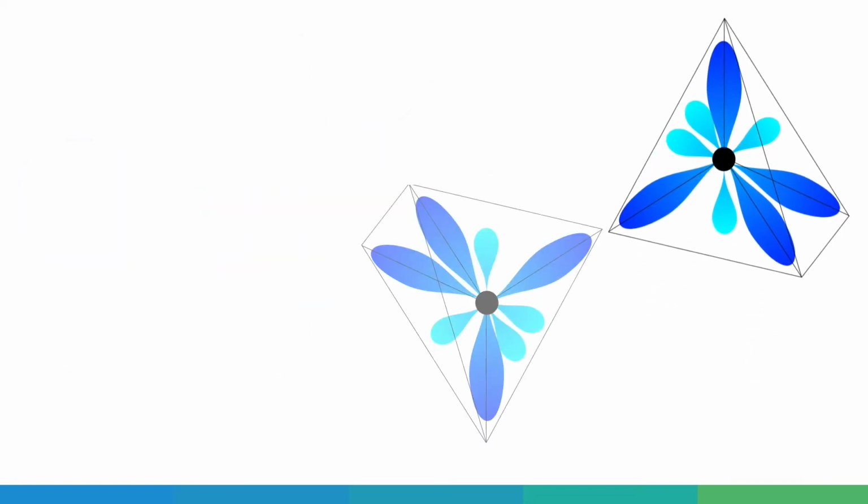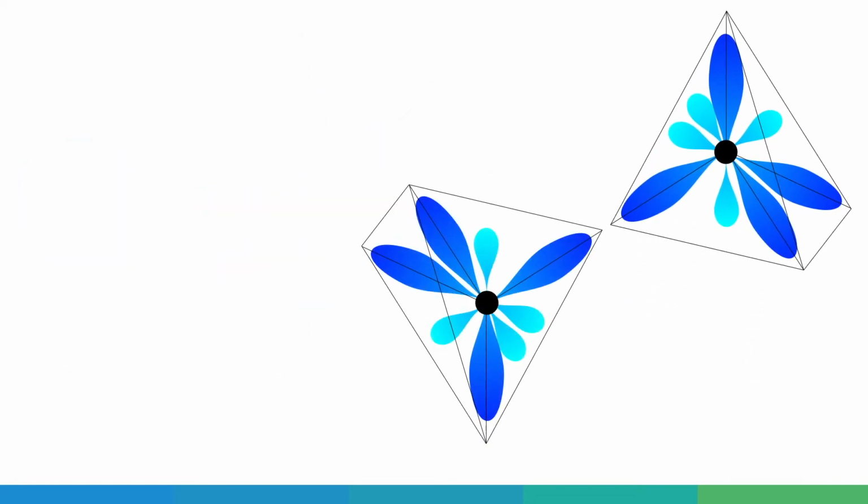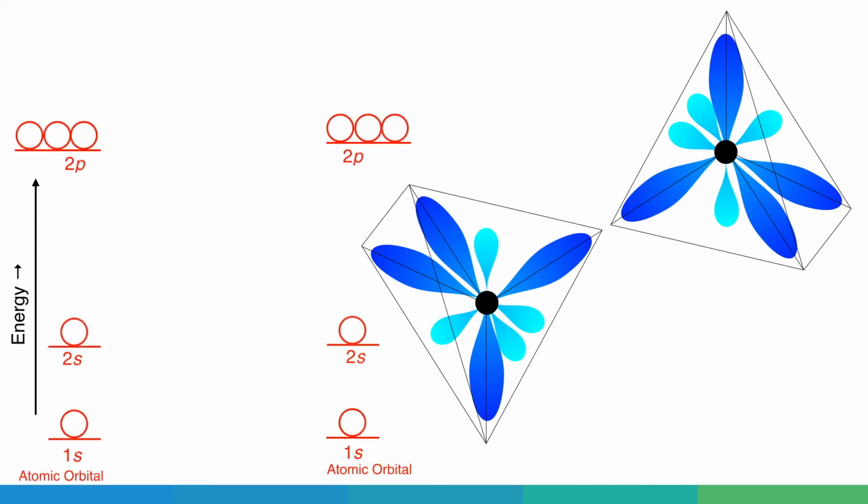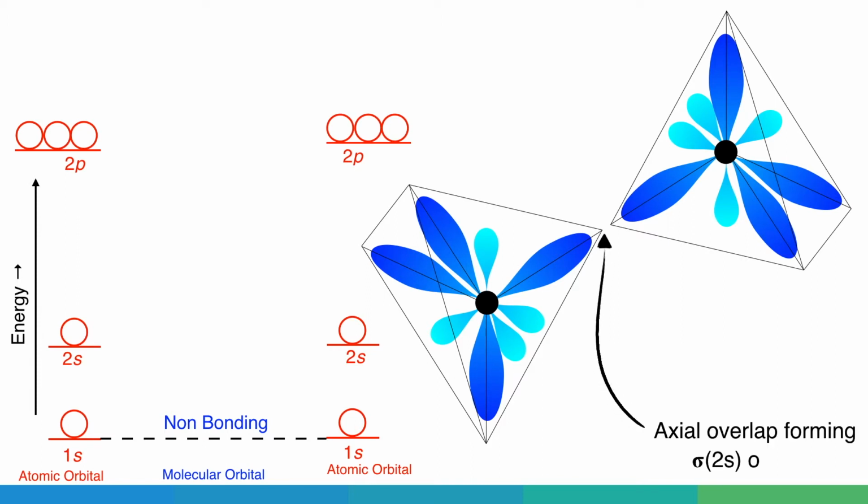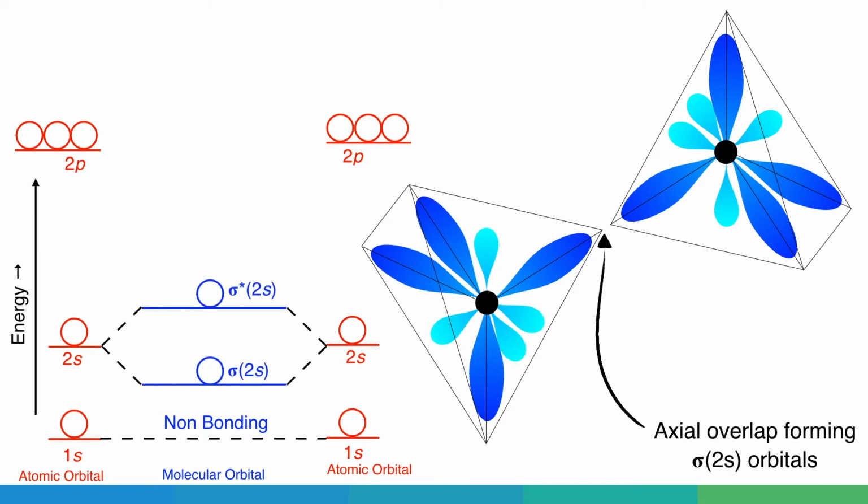So if we take two atoms with hybridized orbitals, or mixed 2s and 2p orbitals, and try to arrange for the maximum possible overlap, we can find that one lobe of these orbitals can overlap across the axis and form a sigma bond. Here the overlap will be maximum, so the energy of the orbital will be minimum.